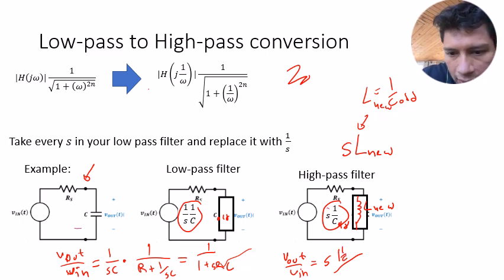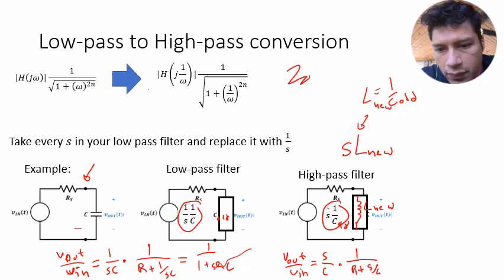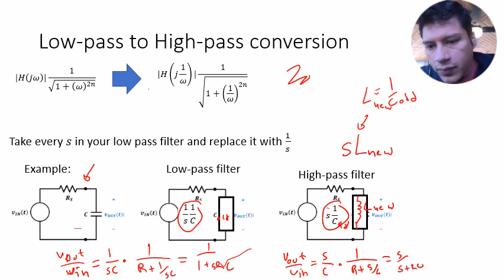Oh, here, let me just redo this. Sorry, I apologize. It's S over C times R plus S over C. And then I'm just going to multiply out the C, so I get S over S plus RC.